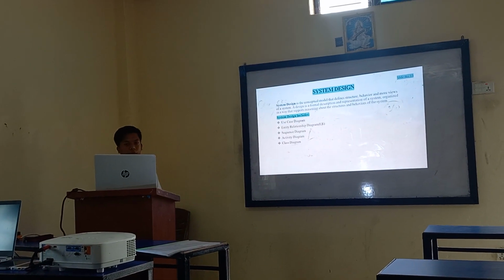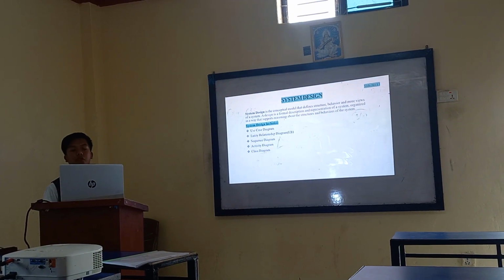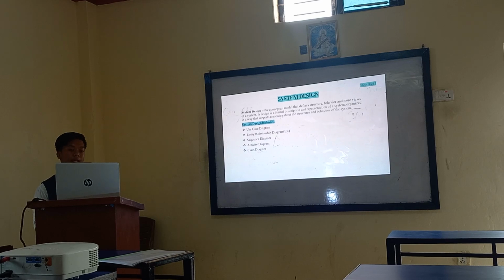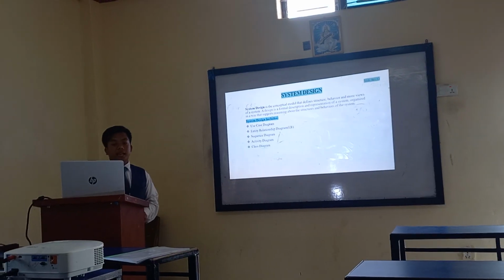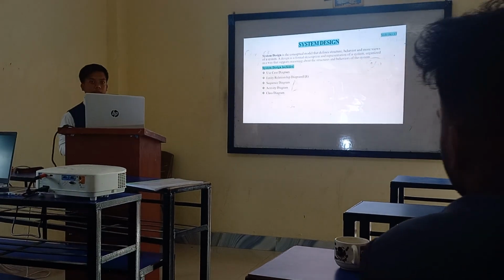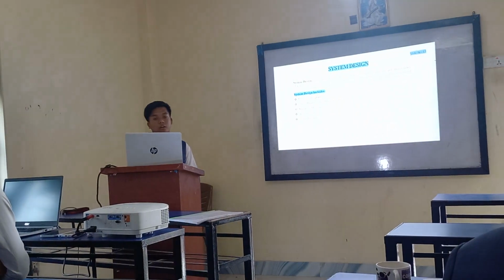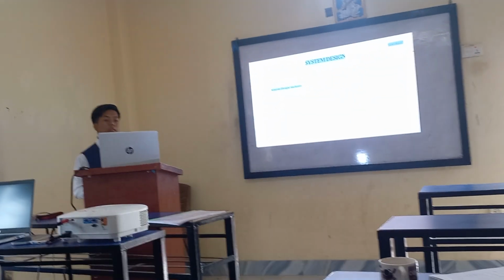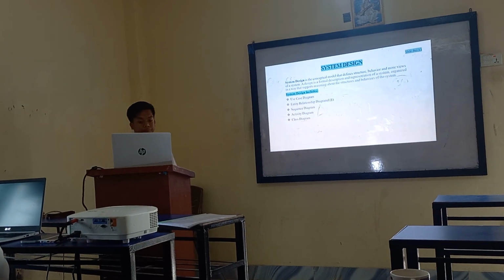The first ones are the use case diagram, entity relationship diagram, sequence diagram, activity diagram, and class diagram. The class diagram is structural, and the use case, entity relationship diagram, sequence diagram, and activity diagram are behavioral diagrams.